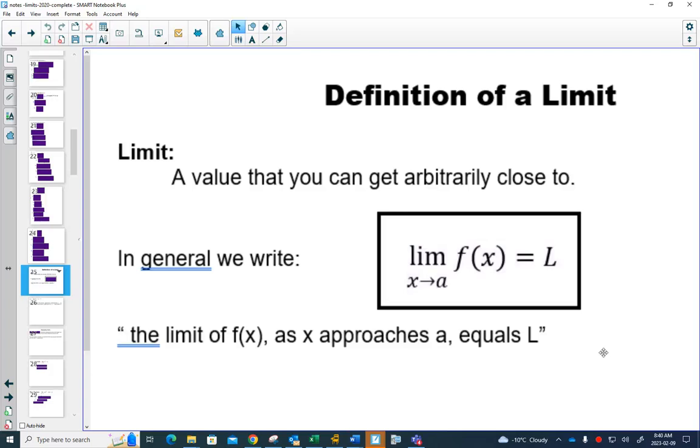You've seen this a little bit already because I was too excited about limits to not show you. But this is the official notation.